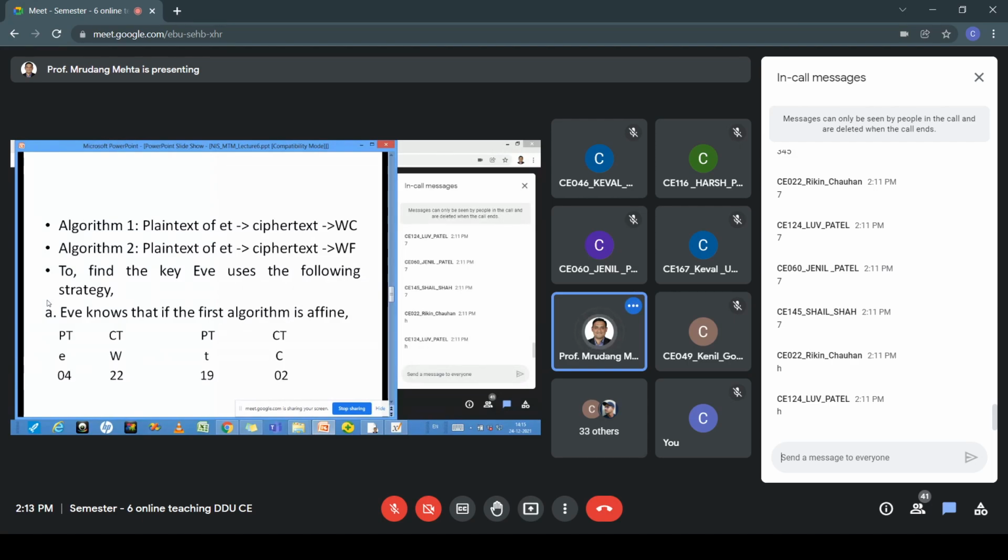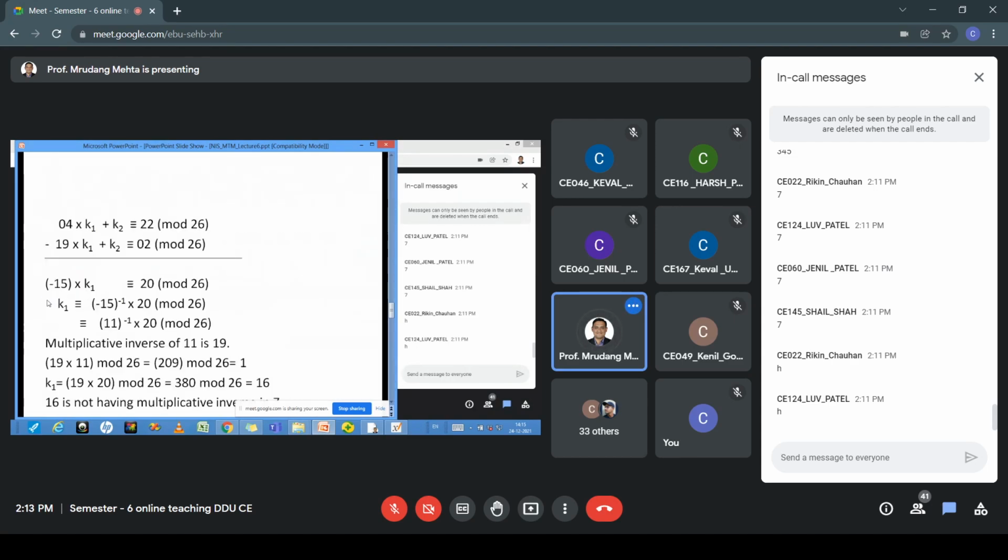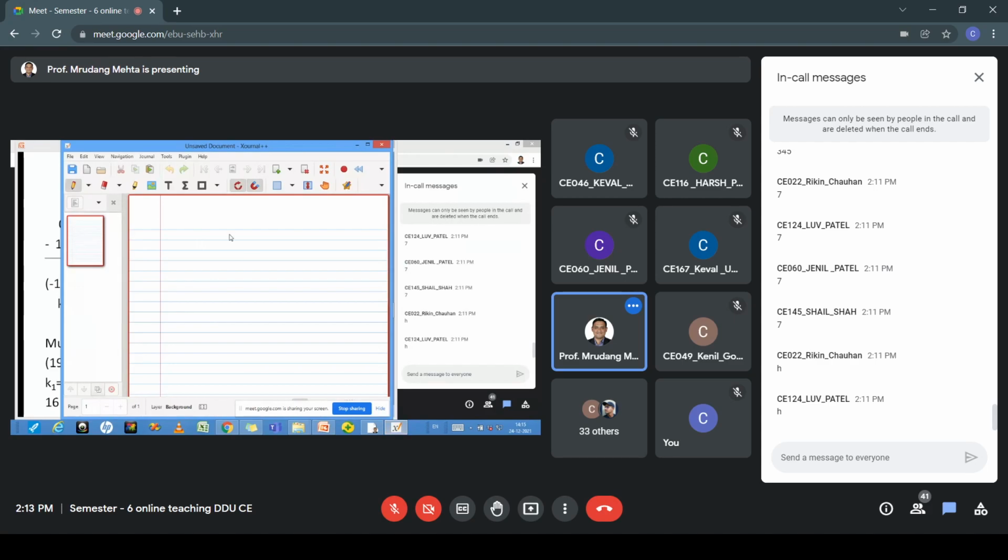So what we have to do? Plaintext E is 4 and ciphertext W is 22. Plaintext T is 19 and ciphertext C is 2. From this we can write the equations, because K1 and K2 are not known. We know that K1 times the value of the plaintext plus K2 gives the ciphertext.